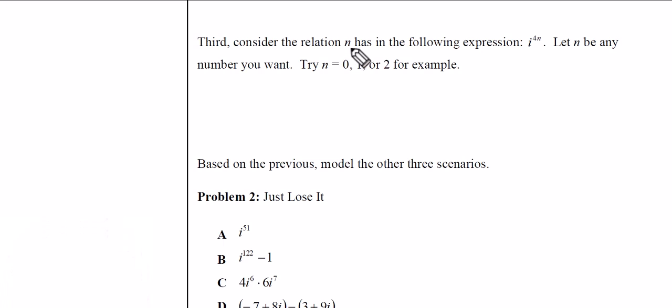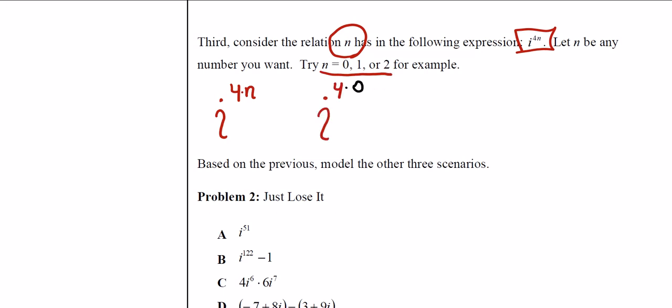What if we use a variable n? And what if I gave you this expression, i to the 4n? And what if we plugged in these numbers, one at a time? For example, if I plug in a 0 for n, I get i to the 0 power, and that's equal to 1.